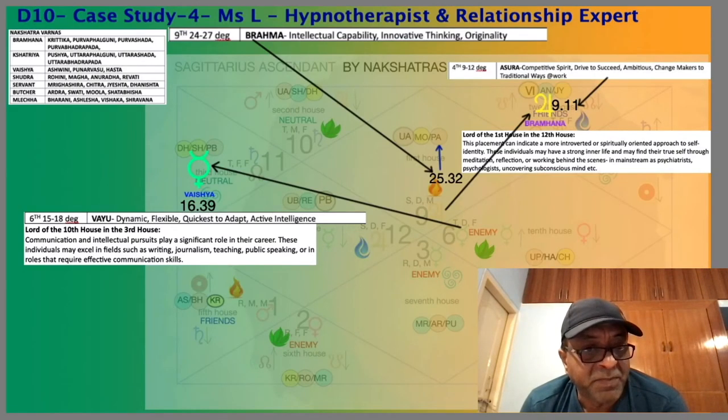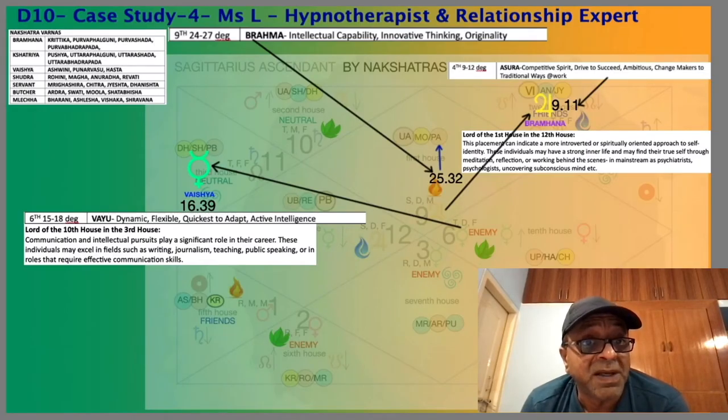So what does that mean? At an angle of 15 to 18 degrees, which is Vayu, it means she is dynamic, flexible, and quickest to adapt with an active intelligence. Shatabisha Mercury may have a very powerful intellect in abstract thinking. That's a very useful tool in uncovering the subconscious.